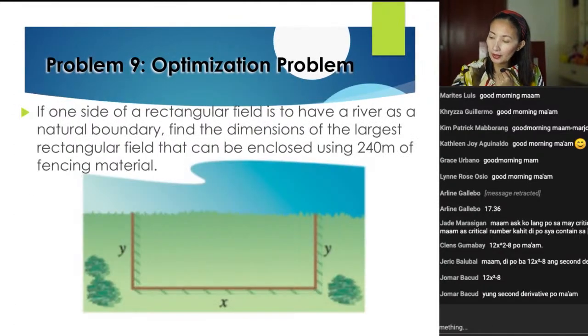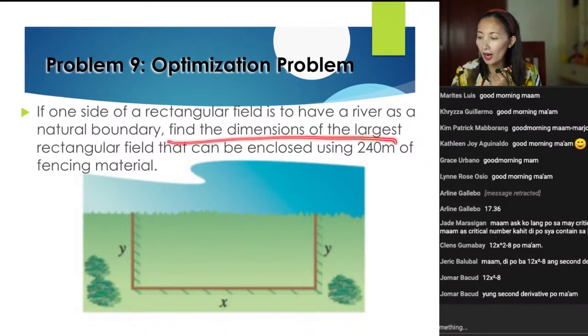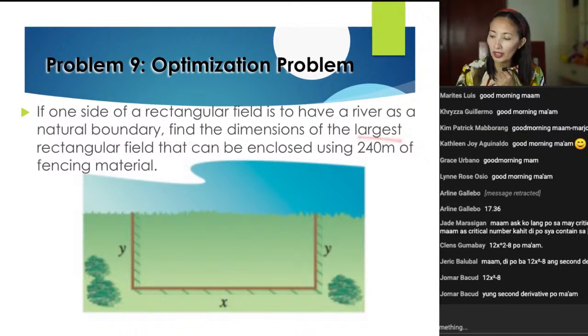Problem number 9. If one side of a rectangular field is to have a river as a natural boundary, find the dimensions of the largest rectangular field that can be enclosed using 240 meters of fencing material.